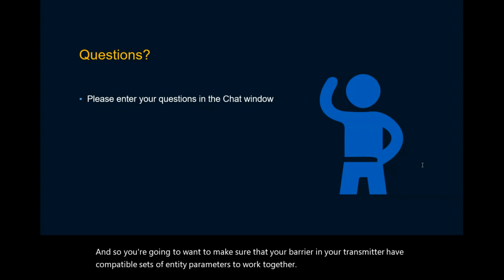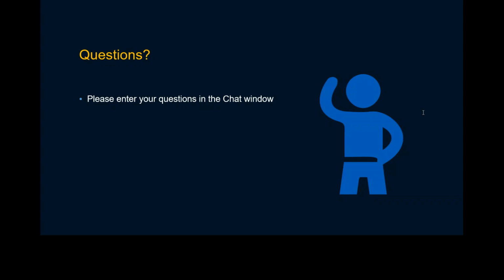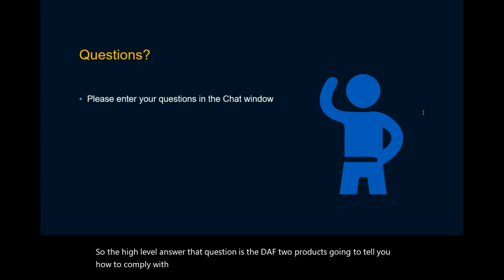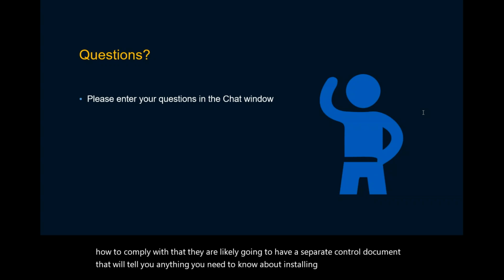And the last one is how to comply with non-incendive installation requirements for Div 2 areas. So the high-level answer to that question is the Div 2 product is going to tell you how to comply with that. They're likely going to have a separate control document that will tell you anything you need to know about installing that.